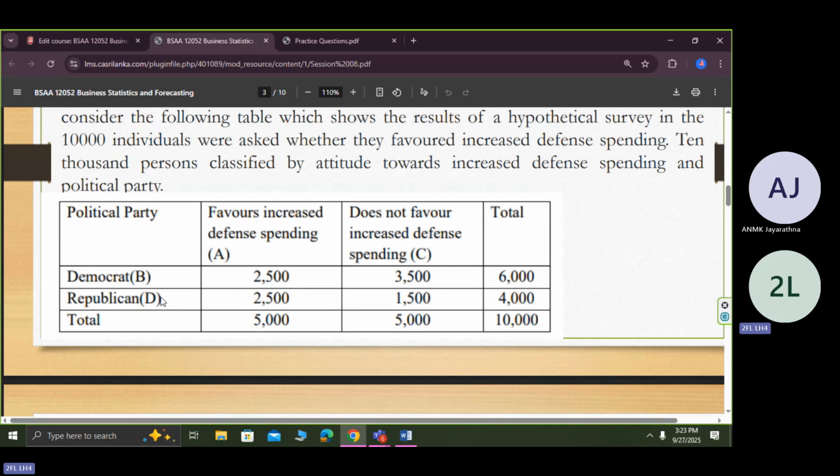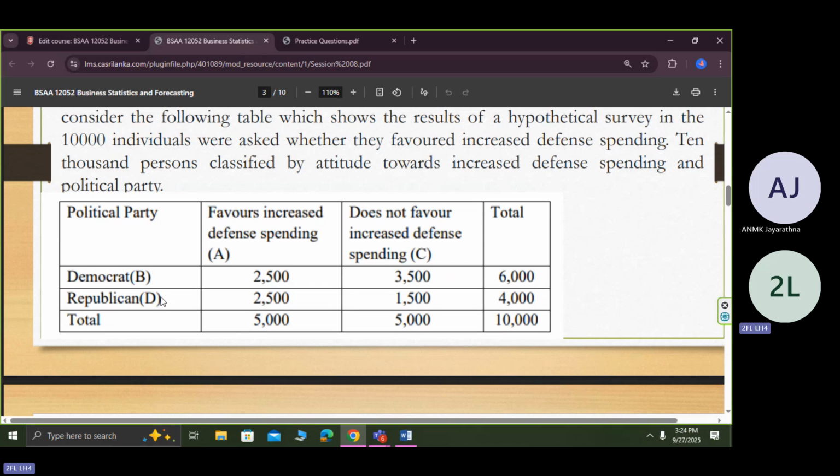Now take a respondent who is a Republican and does not favor increased defense spending. What is the probability? Hurry up.